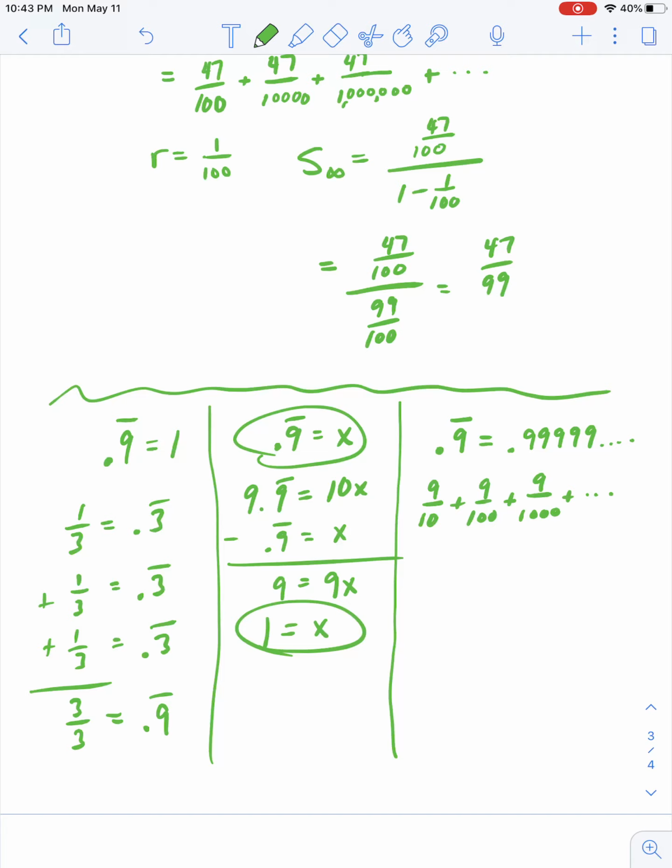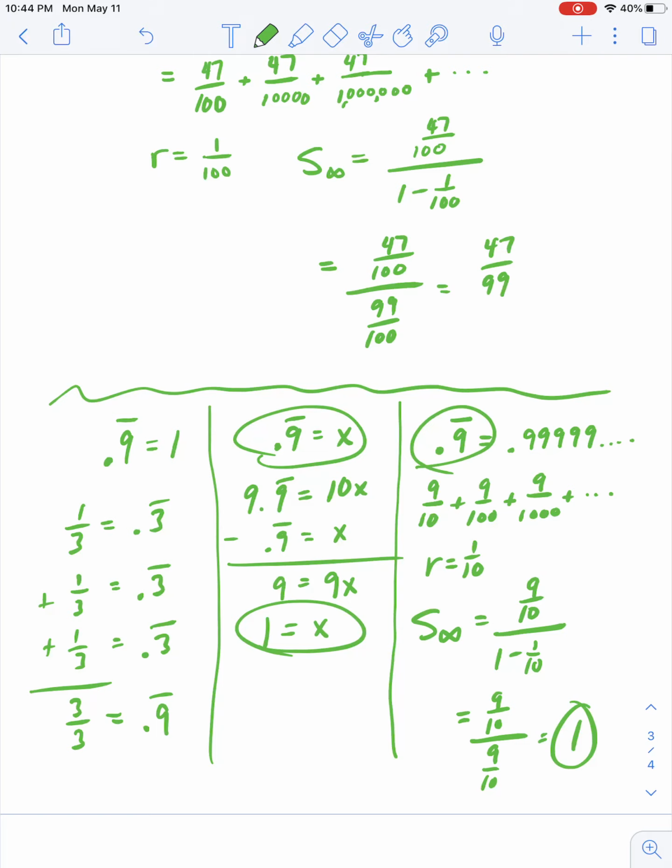So each time it was getting multiplied by 1/10. So my ratio is 1/10. If I sum this to infinity, my first term is 9/10ths, and the bottom would be 1 minus 1/10. So that would be 9/10ths divided by 9/10ths, and by golly, that's 1. So 0.9 repeating is 1.